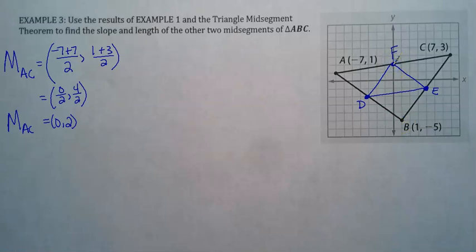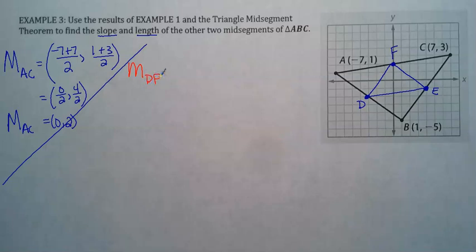The point was down at the bottom on the original, and now the point is up here at the top for the second one. All right, so now we need to find the slope and the length of the other 2 midsegments. So this wasn't even really part of it. We needed to do it, but it isn't part of what we actually have to do. So we're going to find the slope of DF.